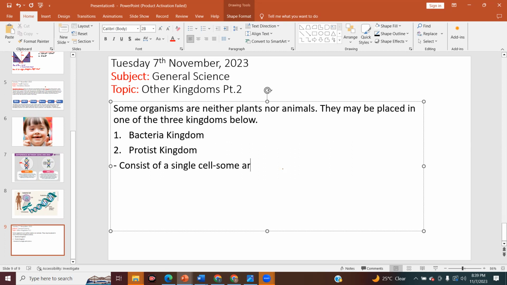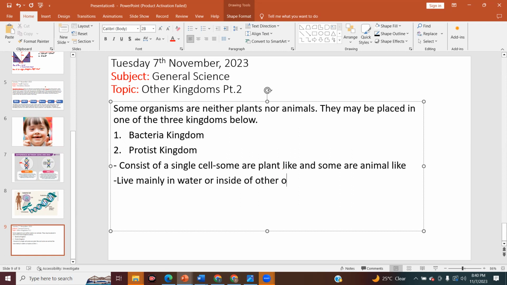Some are plant-like, so they have features that resemble a plant, and some are animal-like. Where do they live? They live mainly in water, or inside of other organisms.